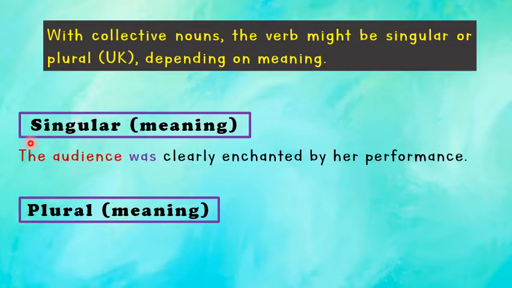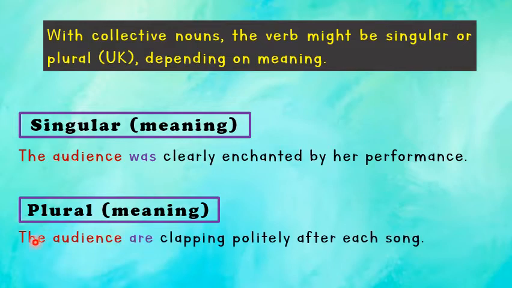Kat sini dalam ayat ni, the audience tu merujuk kepada satu kumpulan penonton. Jadi digunakan was, digunakan singular verb. Okay, kalau plural meaning, the audience, semua penonton, maksudnya ramai kan: the audience are clapping politely after each song.